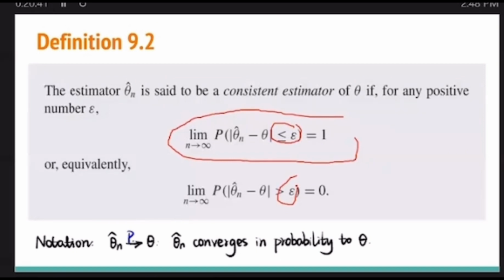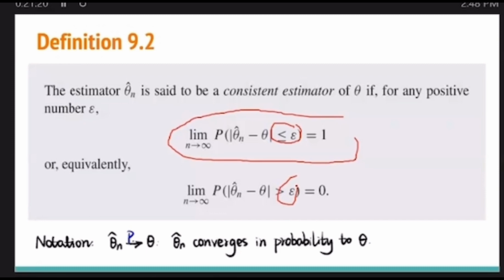If I want to tell my grammar now what I'm trying to say: if I have a threshold, and that threshold is an epsilon, then the probability that the difference between an estimator and a parameter will be less than this is 1. But the probability that the absolute difference between the estimator and the parameter will be greater than this is 0. You know what I'm trying to say? It is not possible that it is going to be greater than that.